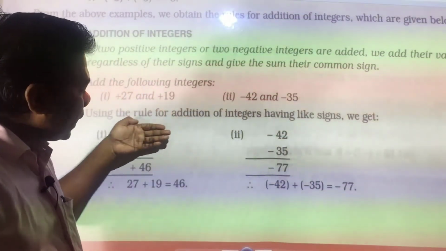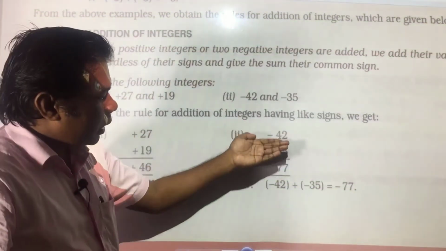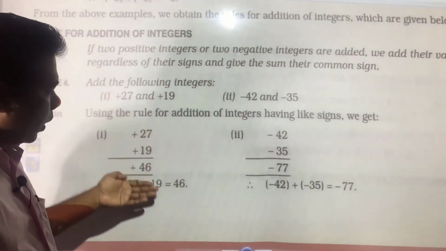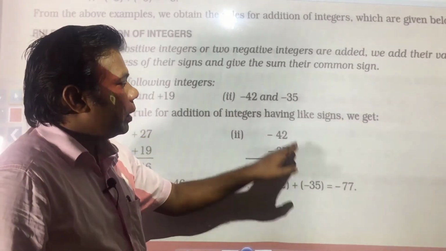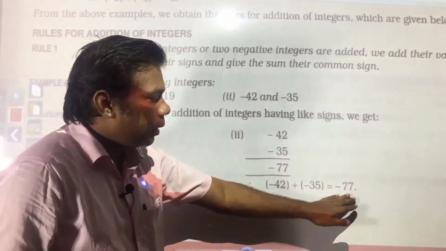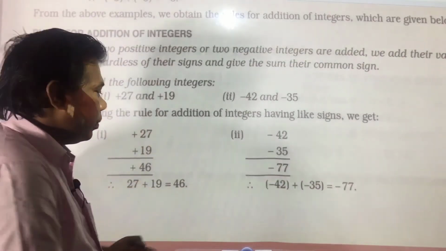So, if like signs are there, like signs means plus plus or minus minus, numbers are required to be added and the sign will be of their own. Means if negative negative has been added, negative sign will be there, positive positive have been added, positive sign you will have.